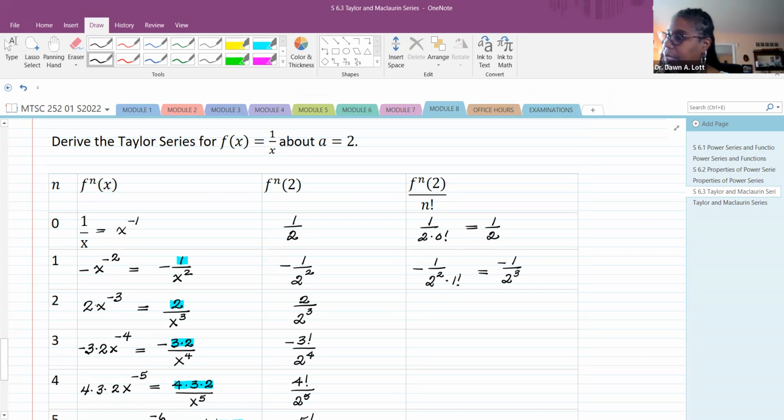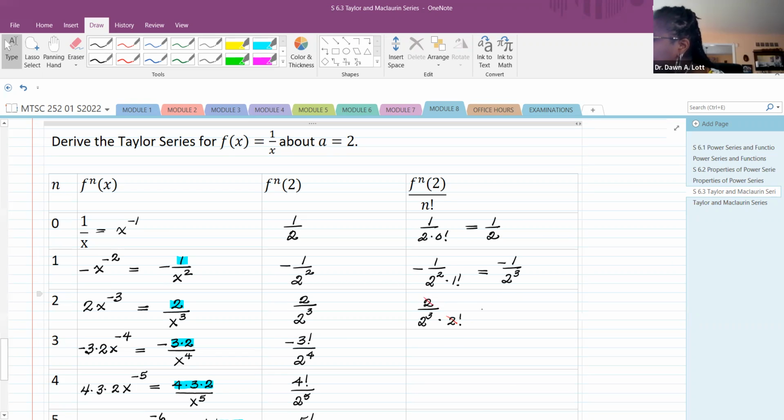Now I have 2 over 2 cubed, and it's divided by 2 factorial. So I can see that these are going to divide out and just give me 1 over, this one's supposed to be 2 squared.